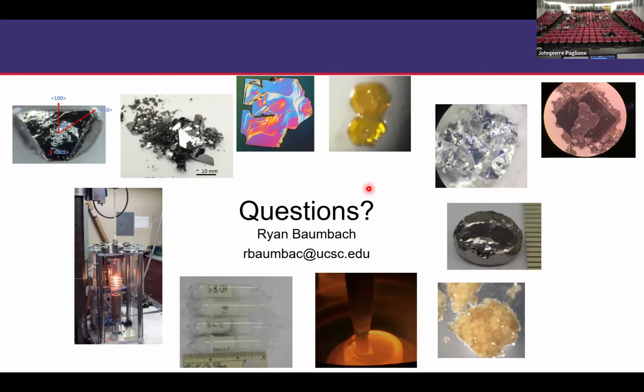When you're doing an induction melt, how do you know what temperature you're actually at inside the crucible? Good question. There are two approaches. The first is to use a pyrometer. A pyrometer is not so bad. It's a camera that measures the black body radiation and converts that to a temperature.